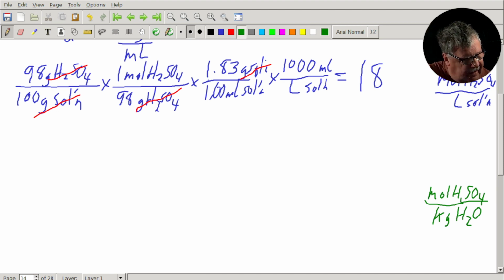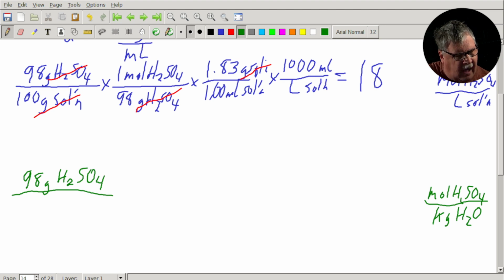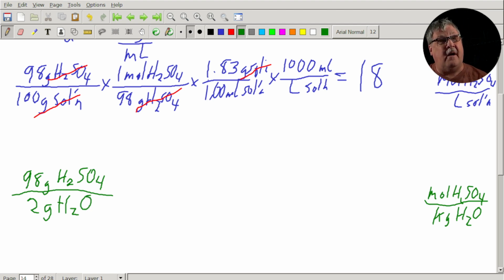But now what we're going to do is this. We're going to say, all right, how much solute is there for how much solvent. So if I have 100 grams of solution and 98 grams of those 100 are solute, as they are in this case, that means the remaining 2 grams of that 100 are solvent.